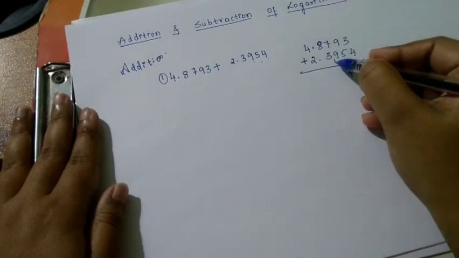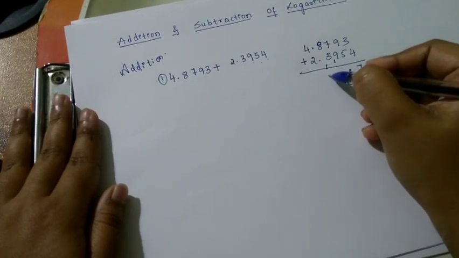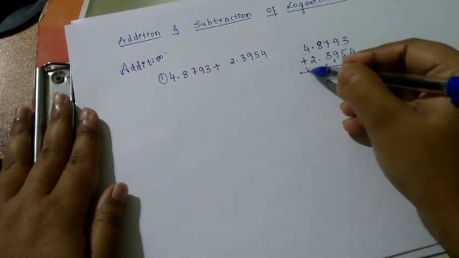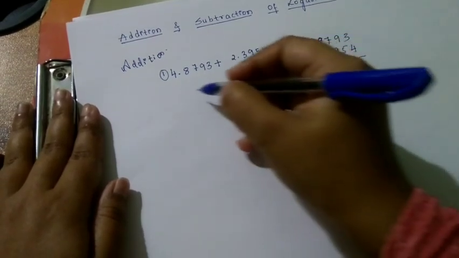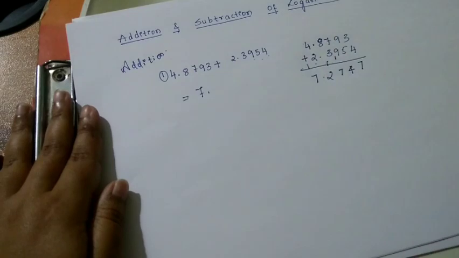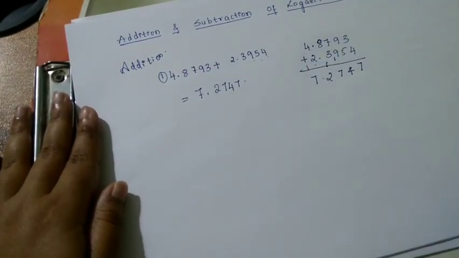If you take a carry over here, 10 plus 1 is 17, then 9 plus 3 is 12, then 4 plus 2 is 6, 6 plus 1 is 7. So the value comes out to be 7.2747. So this is simple.